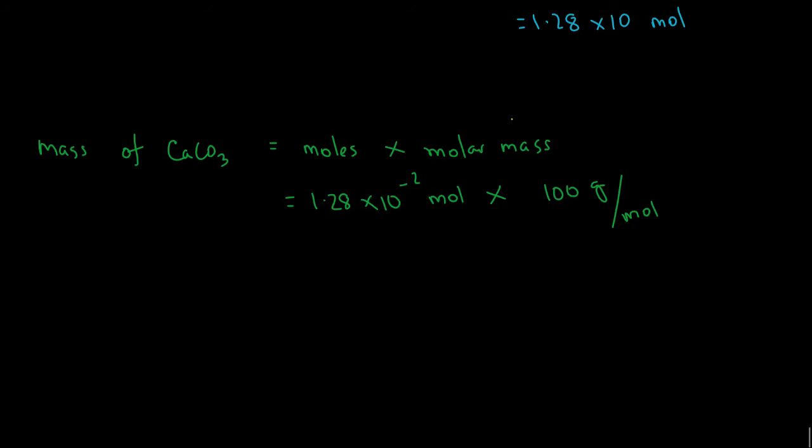So what's going to happen is the moles are going to cancel out. So this guy cancels this guy out. So now what I have is 1.28 grams of calcium carbonate. So this is pure calcium carbonate, right? Because the impurities didn't react with HCl.